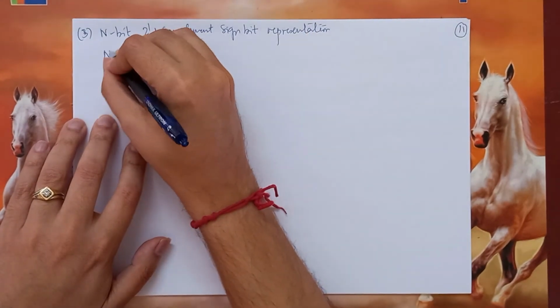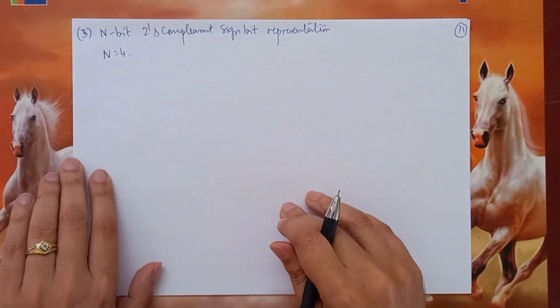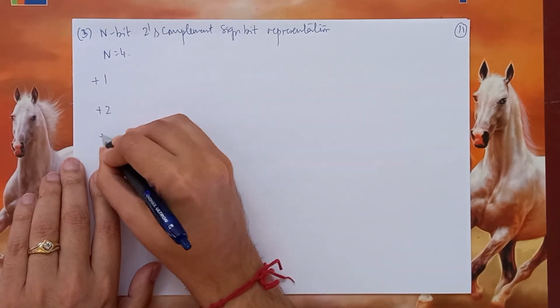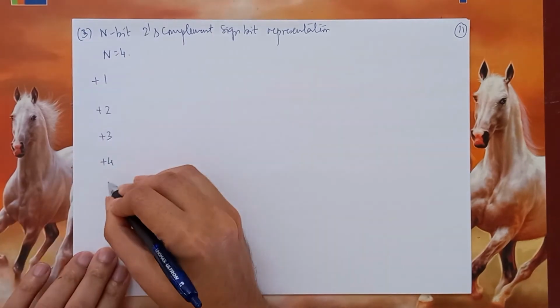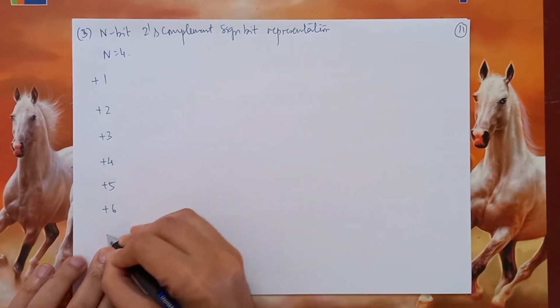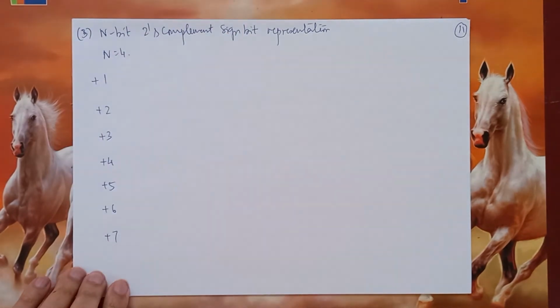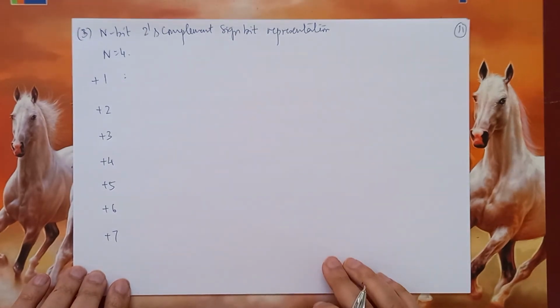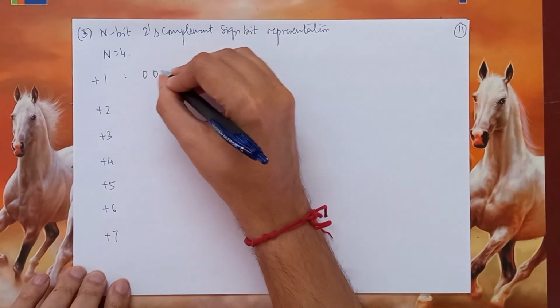Let's take again n equals 4. So again, let's write down all the positive numbers: +1, +2, +3, +4, +5, +6 and +7. All you need to do is write their 4-bit form, which is same as 1's complement.